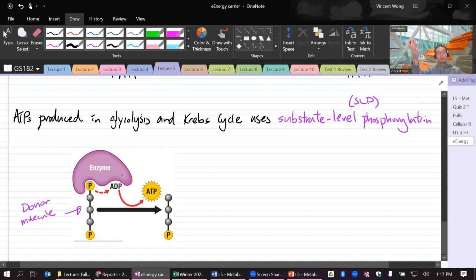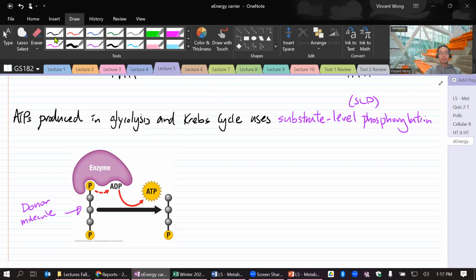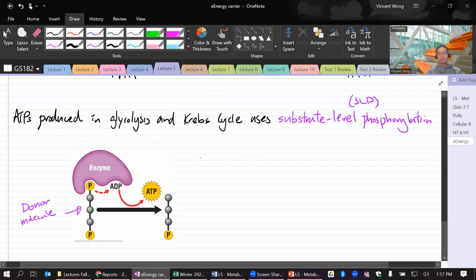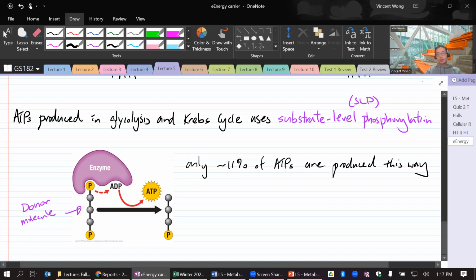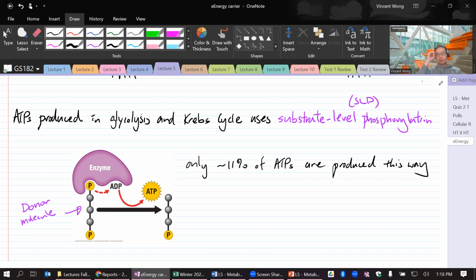Okay? So the ATP that we made from glycolysis, the 4 of them, or net of 2 ATP, as well as the 2 that we make from Krebs cycle, use this method. Okay? So only about 11% of ATPs are produced this way. So like 4 of them, right, out of the 36.